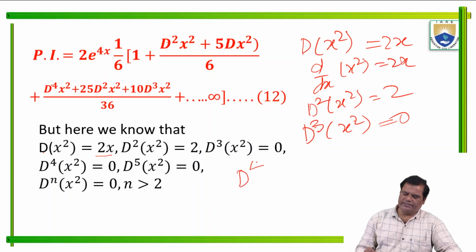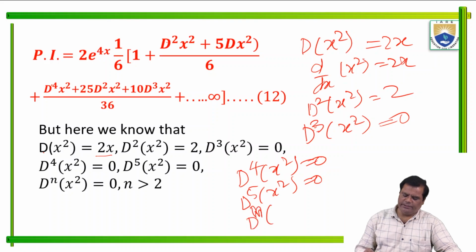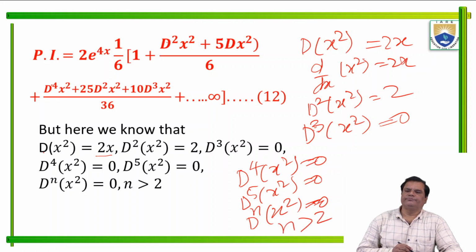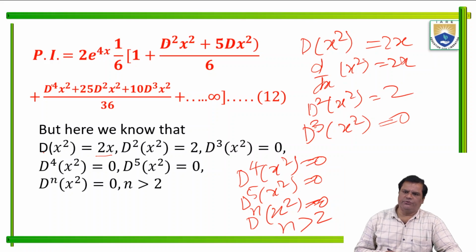So D⁴ of x² is also 0, D⁵ of x² is also 0. Dⁿ of x² is 0 because n is greater than 2. N is the order, 2 is the power of the variable, so when n is greater than 2, the derivative must be 0.